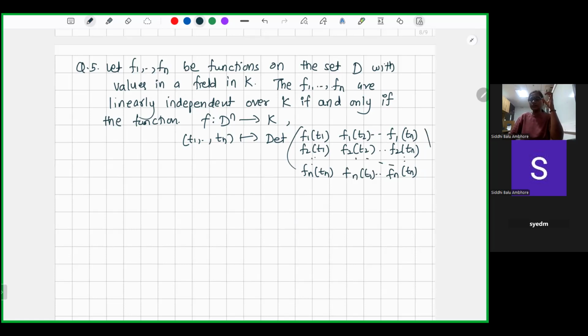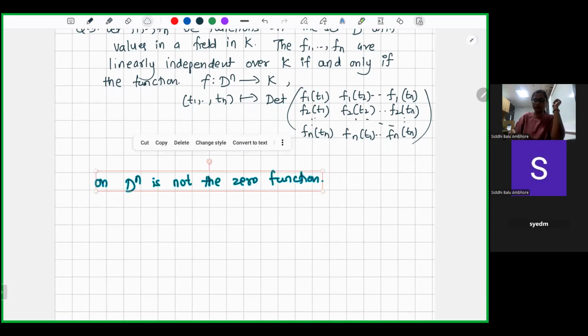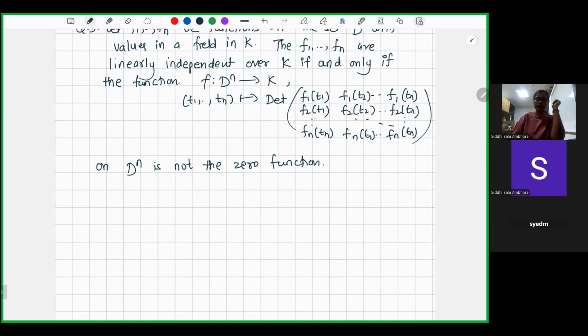It is if the determinant on this Dn is not the zero function. Not the zero function means it's not identically zero.